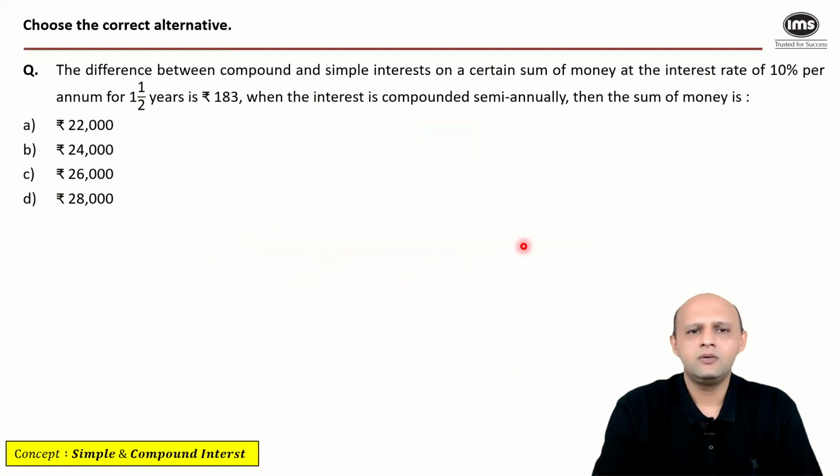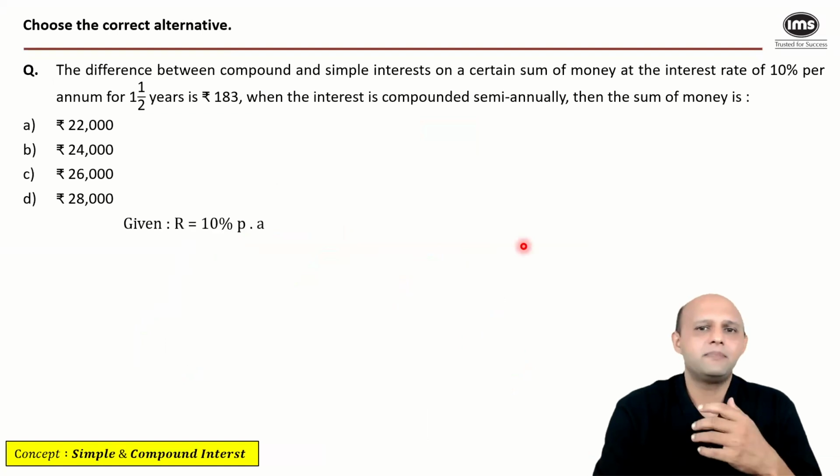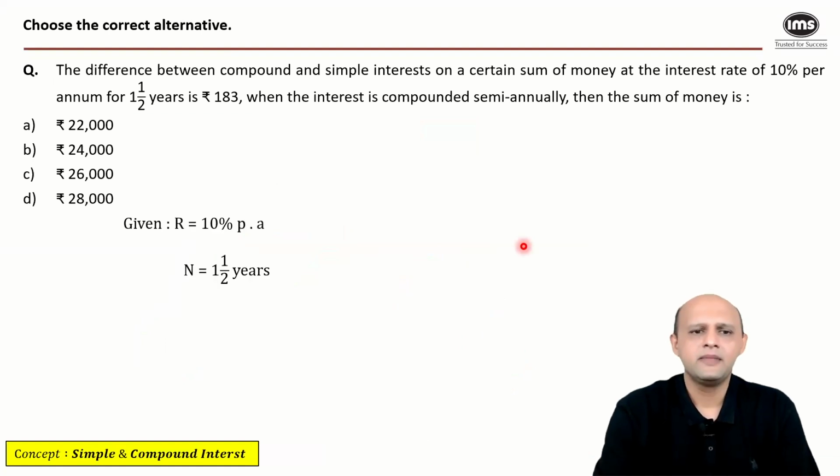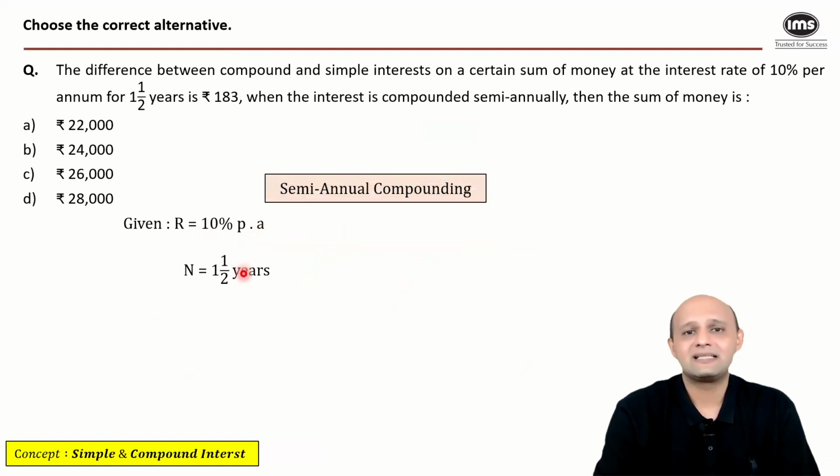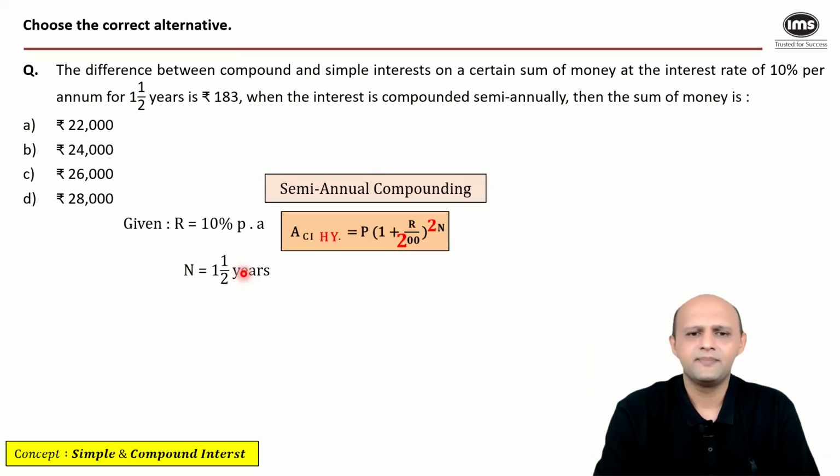Okay. Now, let us understand the second part of this particular question, which is what is given is 10% per annum for a period of 1.5 years. But if you go with semi-annual compounding as the scheme, as it is mentioned, then what would get applied is this. And therefore, effectively, the rate of interest is going to be 5% per half year.